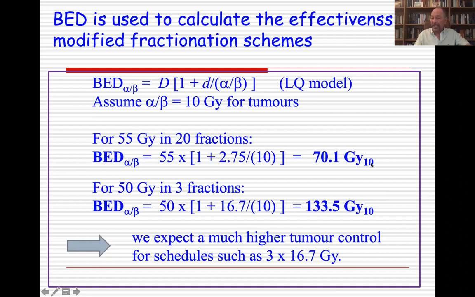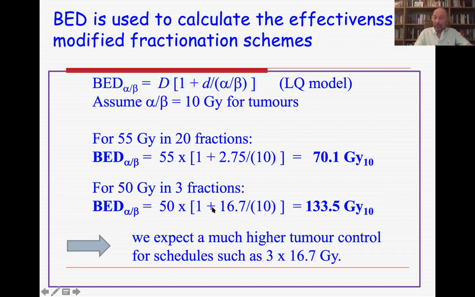Gray 10, you see, 10 means that the alpha-beta is 10. But if you give 50 gray in 3 fractions, the biological effective dose is much higher, 133.5 gray 10. So we expect a much higher tumor control for the hypofractionated schedule. This is called hypofractionation, because you reduce the number of fractions and you increase the dose per fraction. You see, you have 2.75 gray per fraction here, 16.7 gray per fraction here.